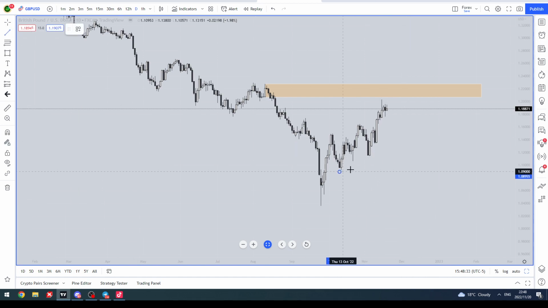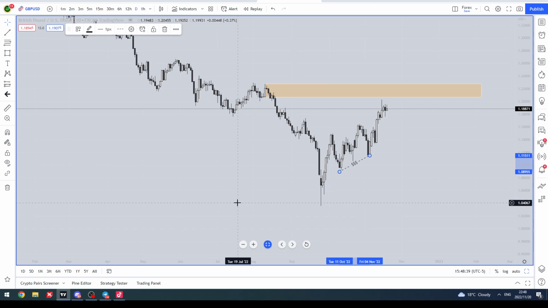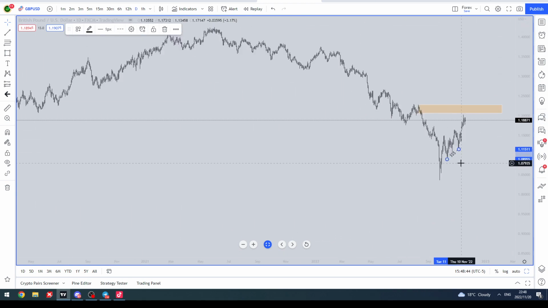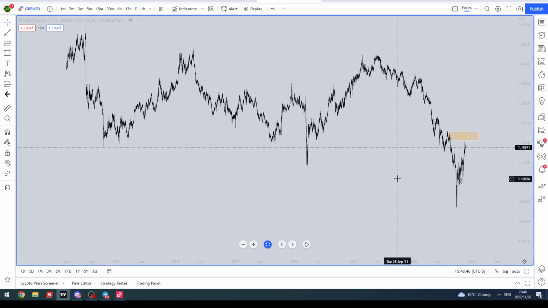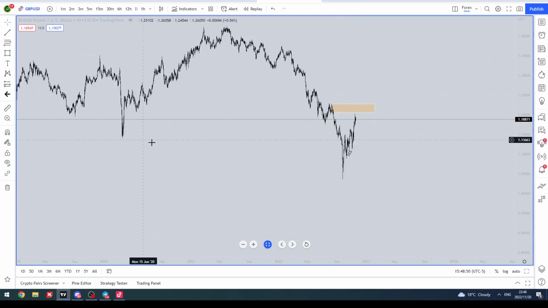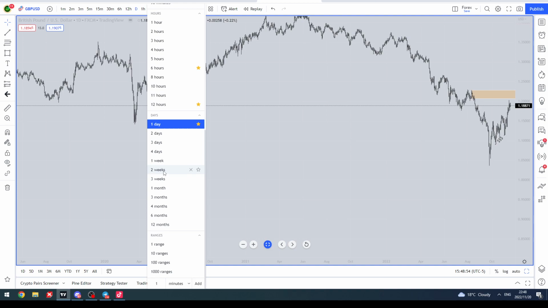What this is going to tell you is that at some point all of this is going to get taken. Whether or not it becomes a bullish retracement or bearish retracement is going to be the bigger question, because what do you have happening inside here on a very large time frame?